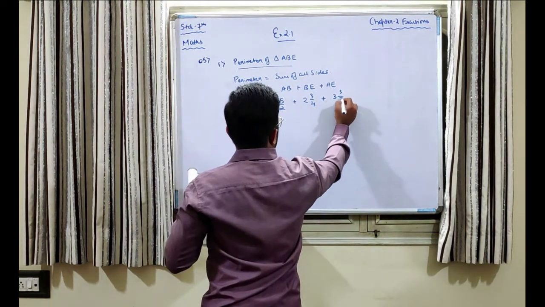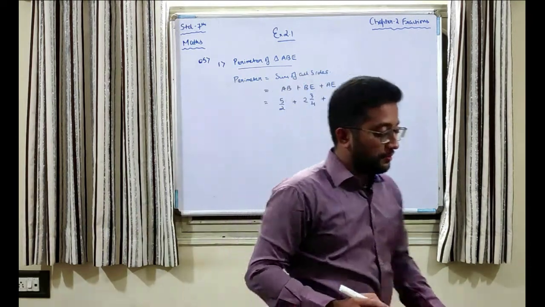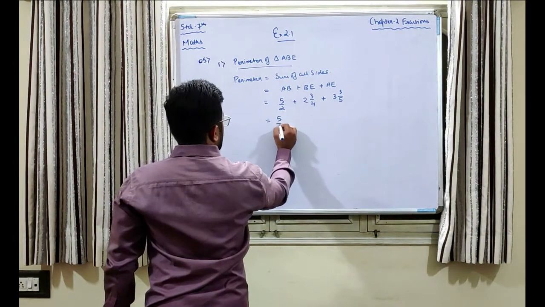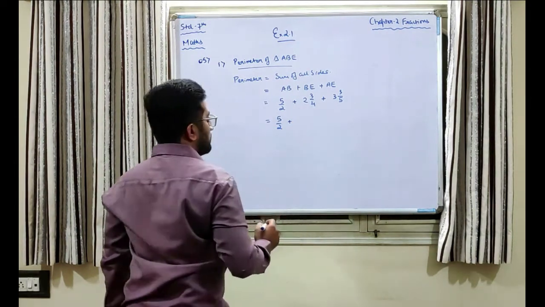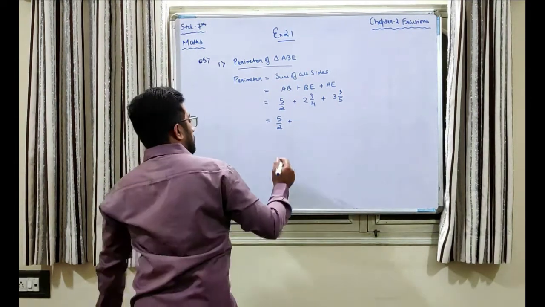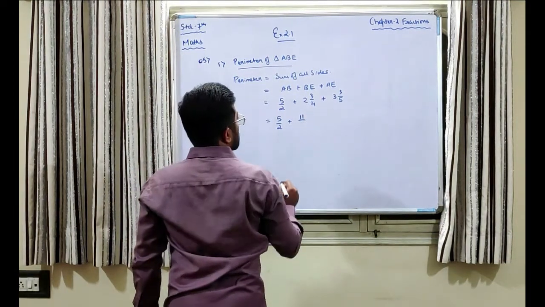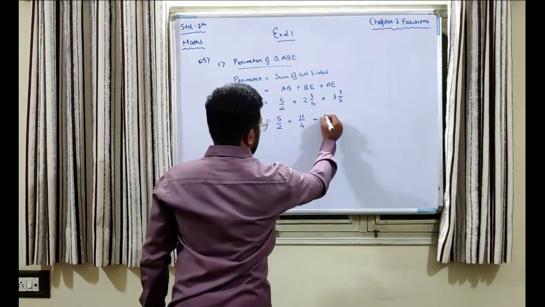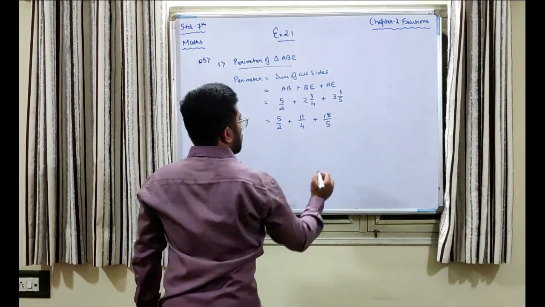3 3 by 5. So first of all, let us convert the mixed fraction into simpler fractions, that is 4 2s are 8, 8 plus 3 will be 11. So 11 by 4 plus 5 3s are 15 plus 3, that will be 18 by 5.